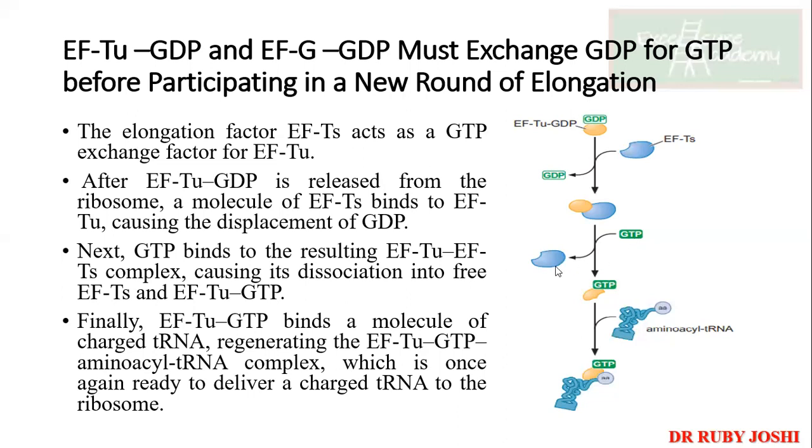Once GTP is coming, your EFTS gets removed, and now your EF2 is ready with another GTP to recruit the aminoacyl charged tRNA for the next round. Clear? Simple. आपके EF2G का जो GDP है उसको change करने के लिए from GDP to GTP, that work is done by the elongation factor TS. Simple. Okay.